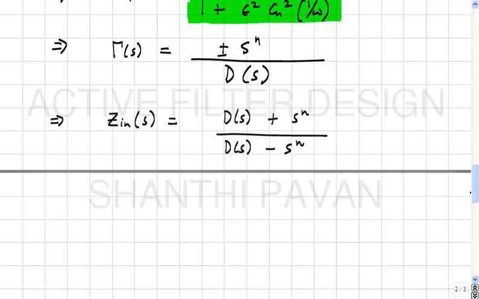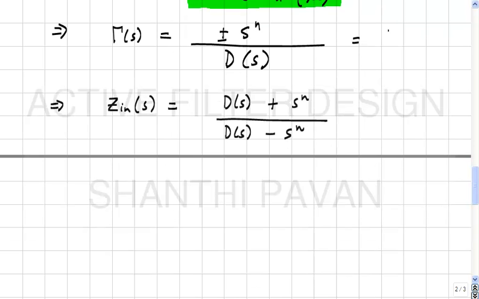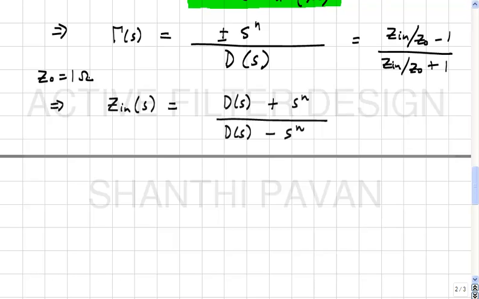All right. Now I've made the assumption that z naught equals 1, which means Zn of S will be numerator plus denominator divided by minus numerator plus denominator.